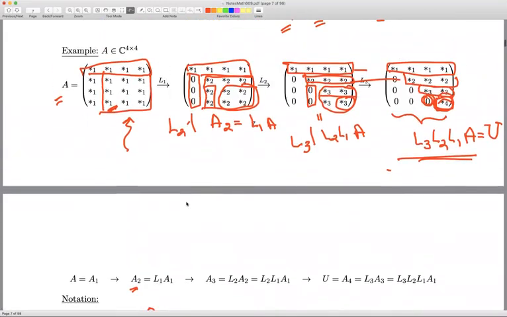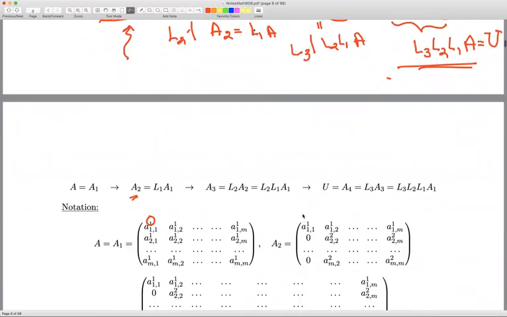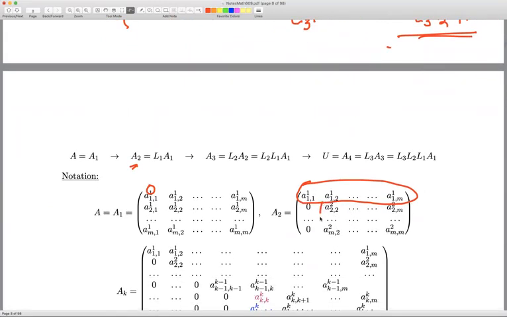So we see here that after the first step of the Gauss elimination, the first row is not changed. So these entries will be the same as the first row of the original matrix. And then the entries that will change will be the entries of this submatrix. They will be different from the entries of this submatrix of the original A. And then all the elements below the main diagonal on the first column will be equal to 0.